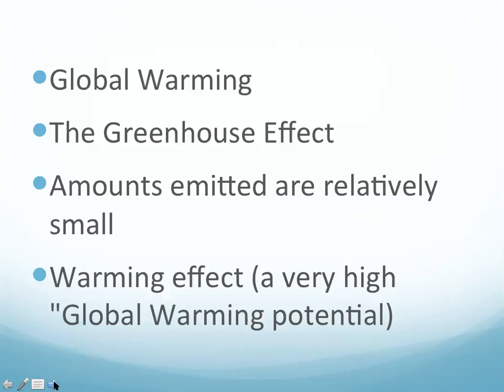So global warming is a gradual increase in the overall temperature of the Earth's atmosphere, generally attributed to the greenhouse effect caused by increased levels of carbon dioxide, chlorofluorocarbons, and many other pollutants.